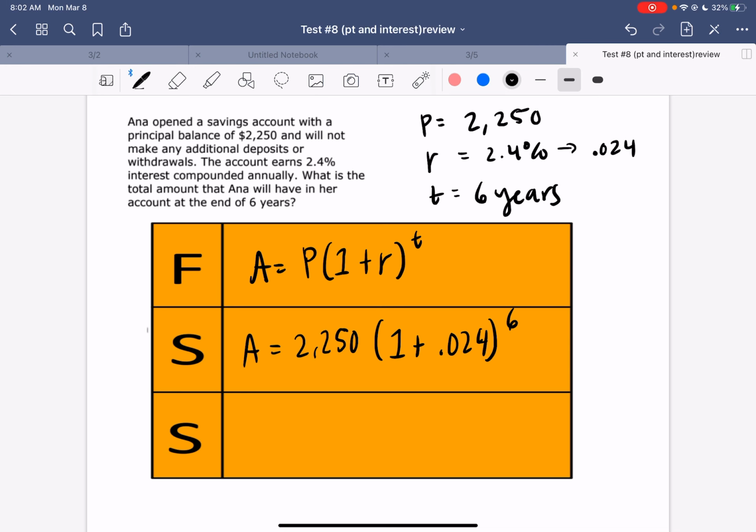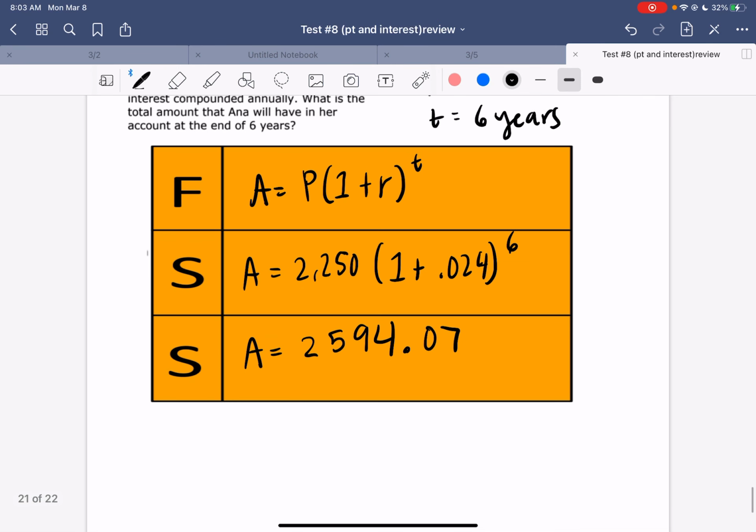Then we put that right into the calculator: 2,250 parentheses 1 plus 0.024 raised to the, with the caret button, 6th power, and that gives us a total amount of $2,594.07. That is how much she will have in her account after 6 years.